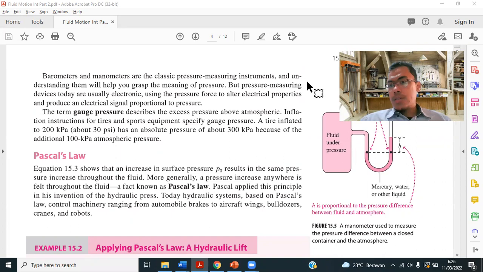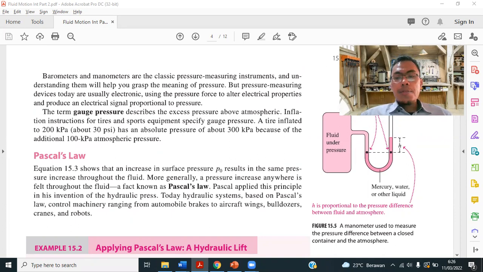And let's continue our previous topic. So for this second meeting, we are still discussing fluid motion.